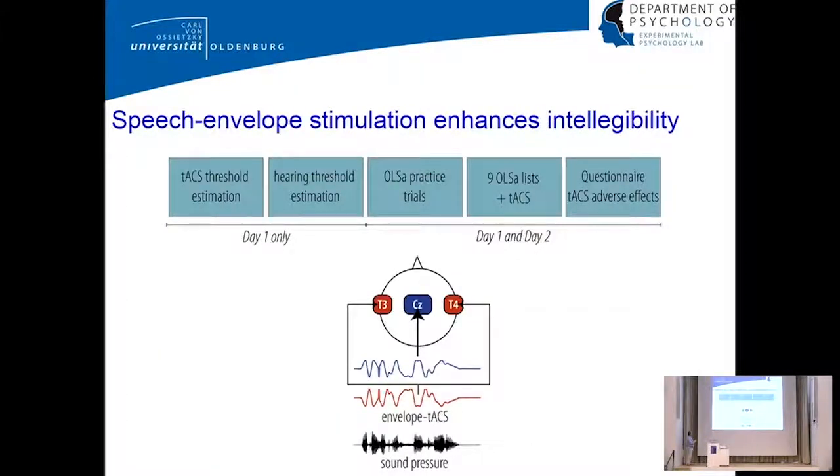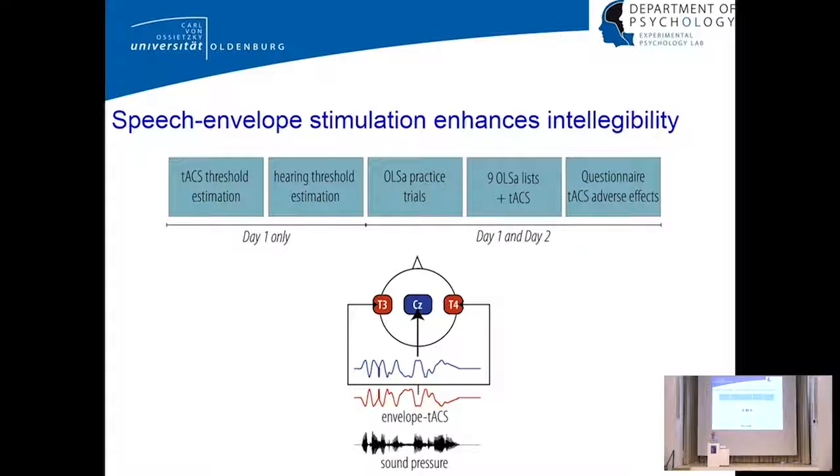So at first we measured the thresholds of the subjects because they shouldn't know whether they're being stimulated. If you apply an alternating current to the skin, and if the intensity is too high, it feels a little bit like a tickling sensation. I don't know who of you checked your toy batteries when you were kids with the tongue, the 9-volt batteries.